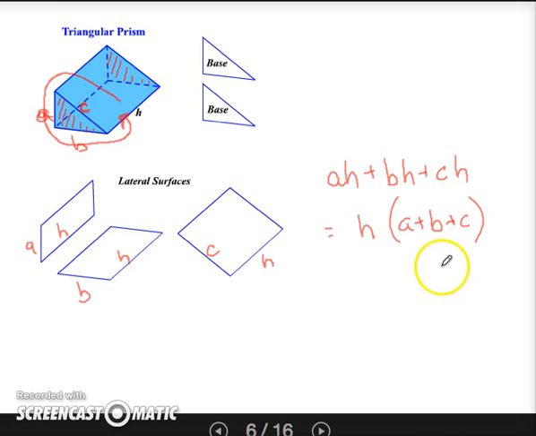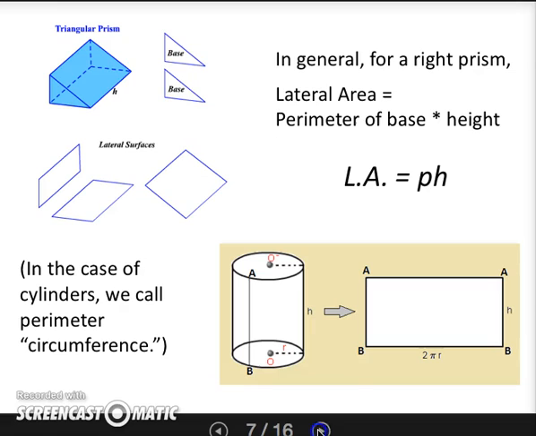The lateral surface area is always going to be the height times a quantity that we've found here, A plus B plus C, which ends up being the perimeter of one of the bases. So here it is. Our formula for lateral area is the perimeter of one of the bases times the height.